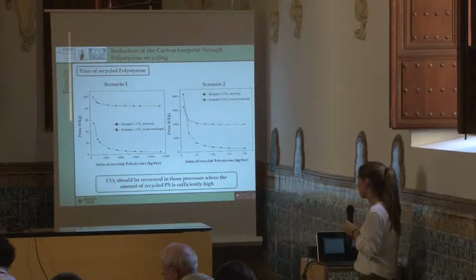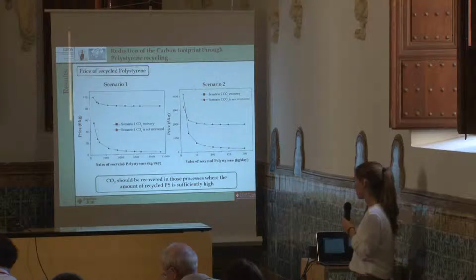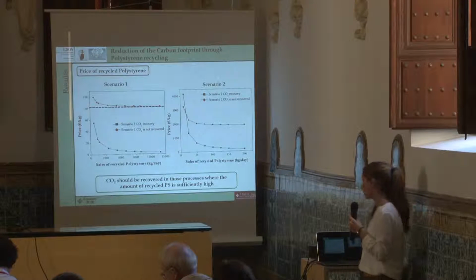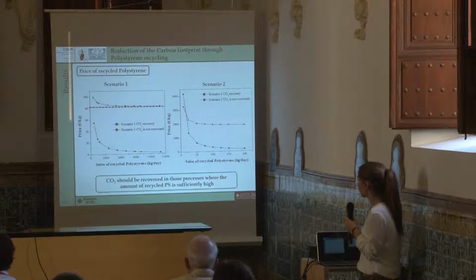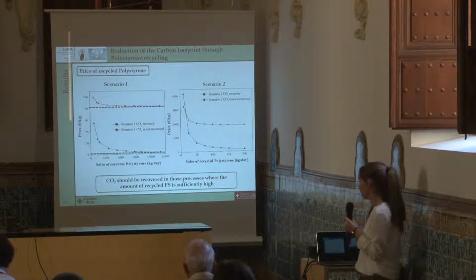In scenario number 1, we can observe that in those cases where CO2 is not recovered, that belongs to the red line, the minimum sell price should be around 80 euros per kilo. Nevertheless, if CO2 is recovered to the process, this optimum selling price decreases dramatically till it reaches 3 euros per kilo.